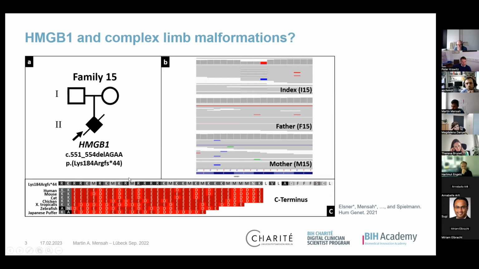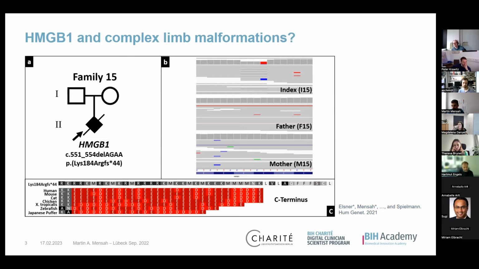I think what's obvious is that it immediately caught our attention, because now the acidic character of the C-terminus was lost. We checked whether the C-terminus is evolutionarily conserved, and indeed it is. Here you see the sequences of mouse, cat, chicken, and so on, down to the zebrafish, and this is an E and D repeat. It's also well characterized in the literature.